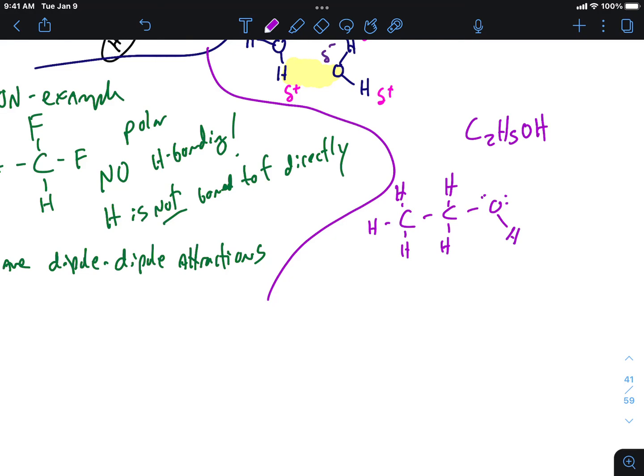And that bending makes this polar. H is directly bonded to O, which means this has hydrogen bonding.